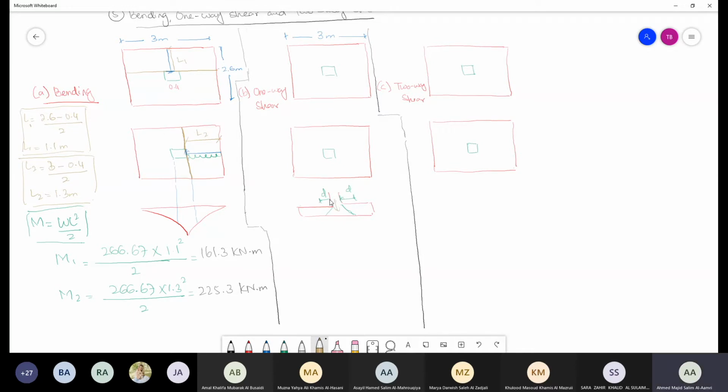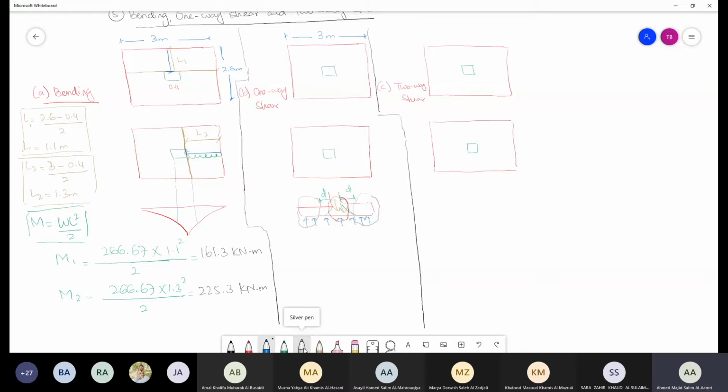Since we have a very huge loading going down here, a pressure going up, you can see that this particular location is very hard to be taken up because of the presence of the loading of the column. The load which will go up is going to be either this portion or this portion, which is the distance after the value of d.